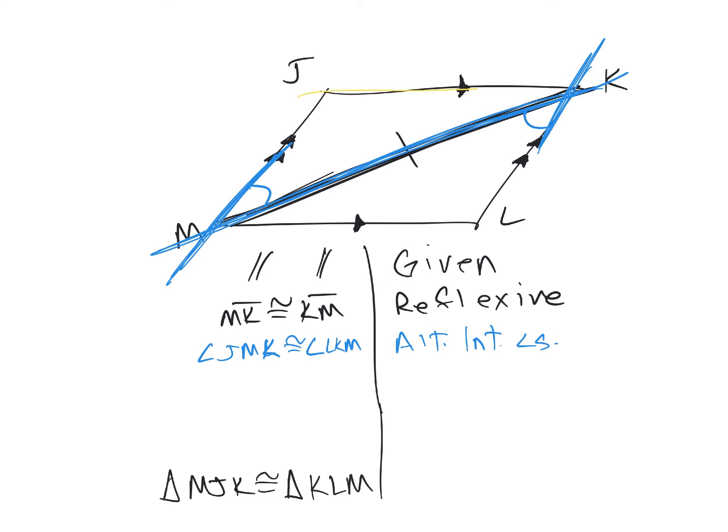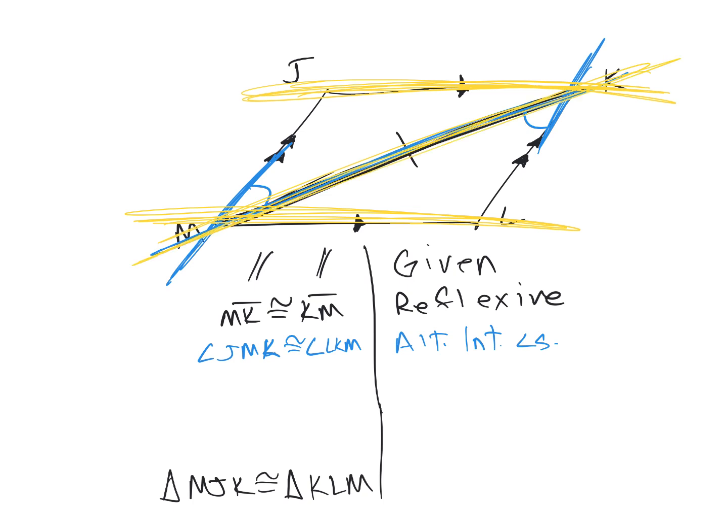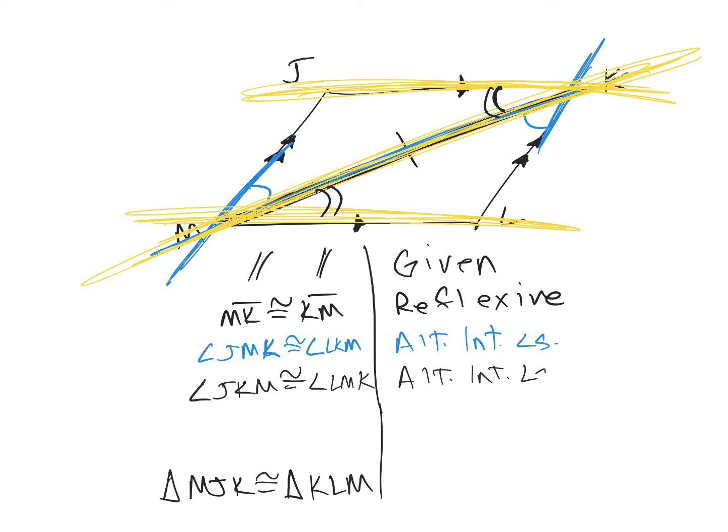But you also have parallel lines up here cut by the transversal. So alternate interior angles are in those positions: angle JKM and angle LMK. And so now you have the three pieces you need: angle, side, angle. Every proof you have to go through and mark what's needed. And then you look to see what side you have and what angles you have.